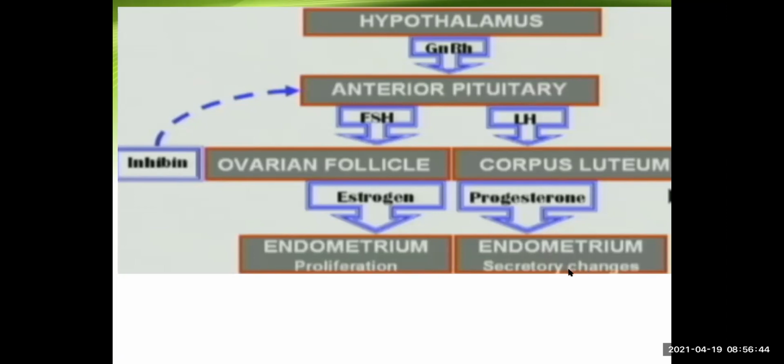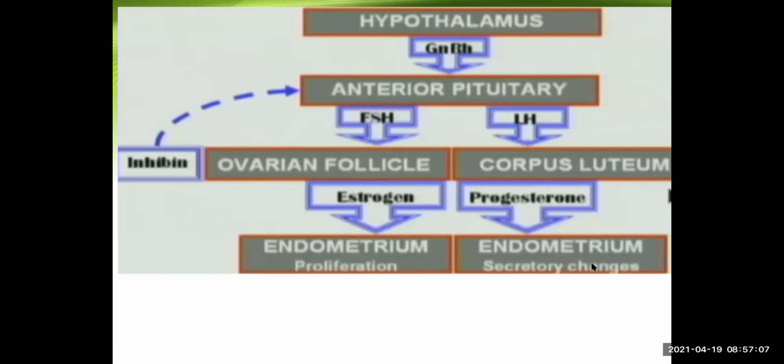If it doesn't occur, then everything will come out as a menstruation. We'll talk about that in today's class, or you already know it. Whereas if the lady becomes pregnant, then that fertilized ovum has to implant on the secretory type of endometrium for the growth.